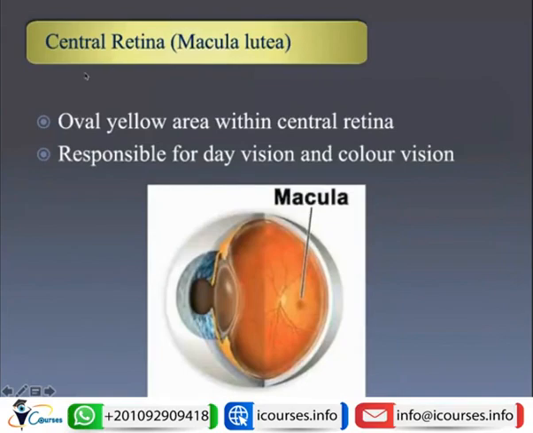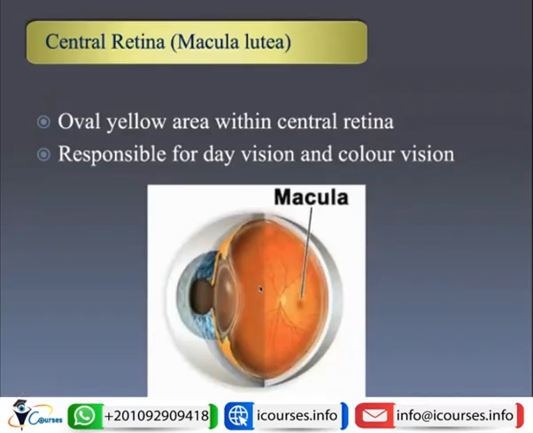Then finally, we have the central retina, or what's called the macula lutea. Lutea means yellowish, so the macula has a yellowish hue, and this is just an oval area within the central retina. It is called the macula lutea.